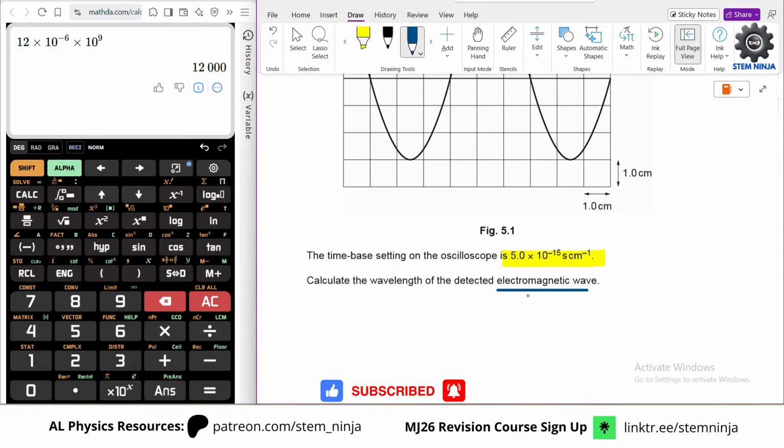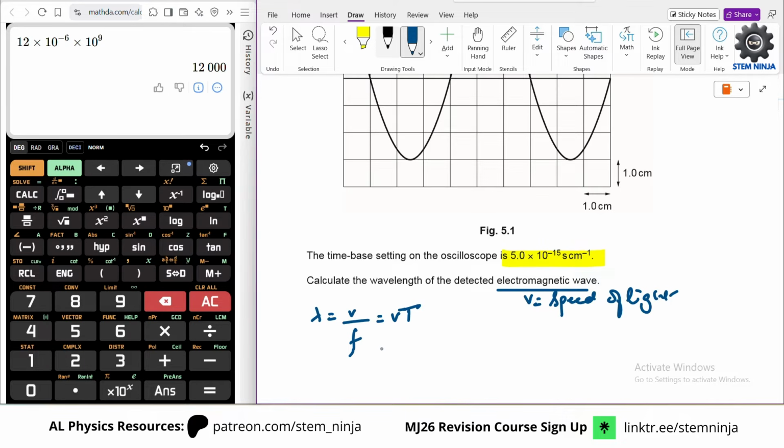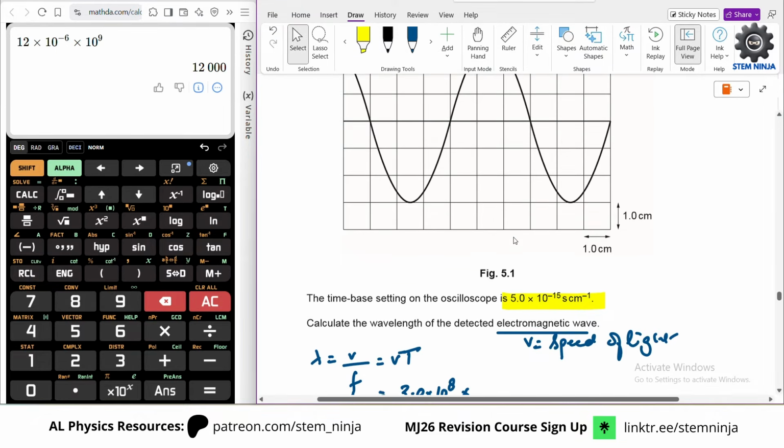If it's an electromagnetic wave, the speed will be the speed of light. So wavelength would be v over f, or v times T, basically time period, right? So we can do 3 times 10 raised to the power 8, and we need to figure out what's the time period.